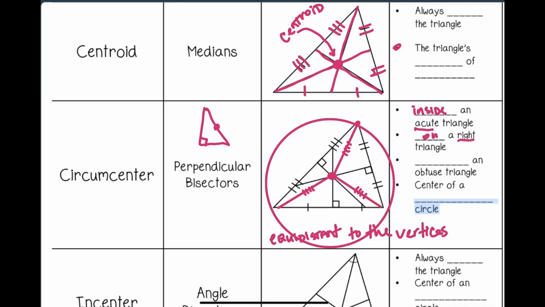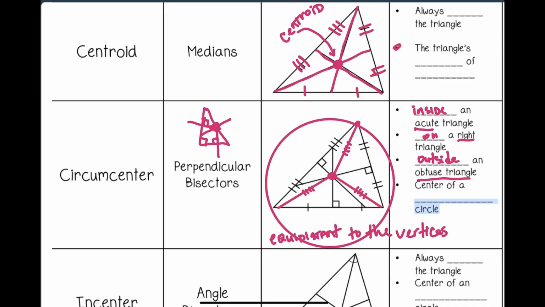All my lines would cross in that one spot. So if I look at this, it would go here, and then this one would be here, and then this one would be there. And so it would cross about right there. And then for my obtuse triangle, it is outside of my triangle.